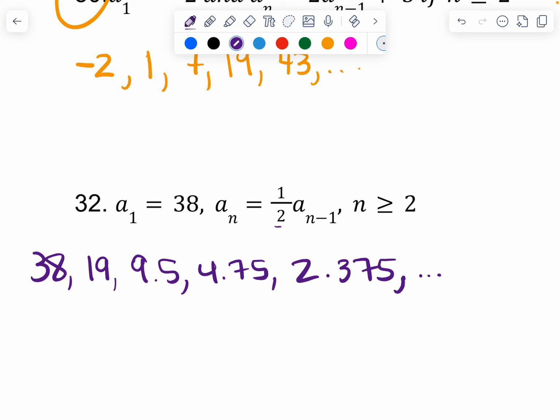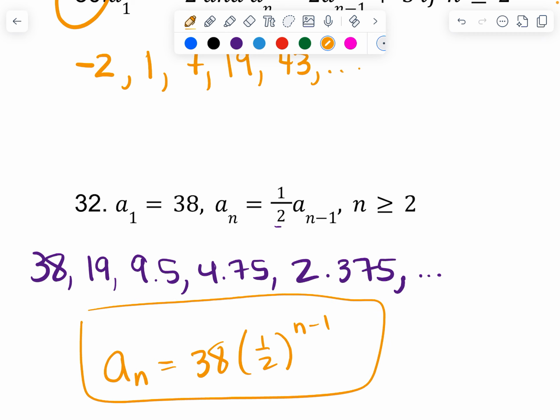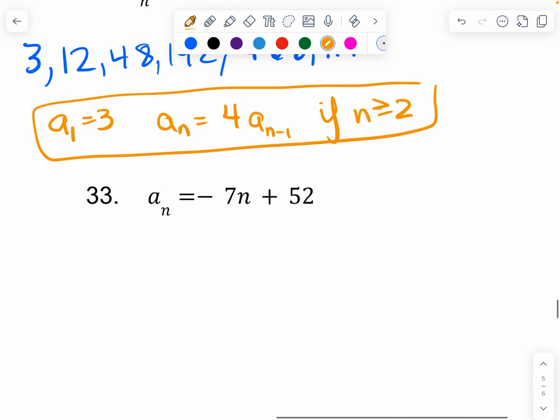Okay, so then I need to write my recursive. So, nope, my explicit. So my explicit would be, start out with 38, multiply that by a half, and raise it to the n minus 1. Okay, over here, let's see, we'll use pink.